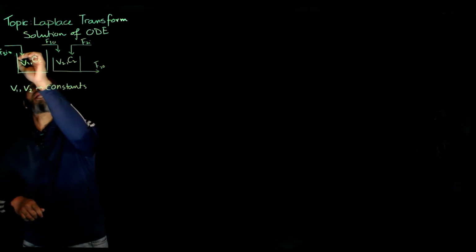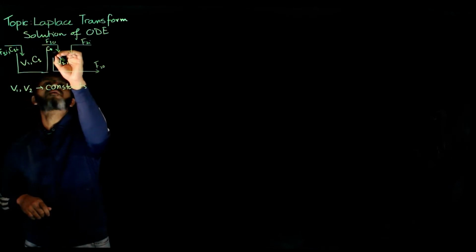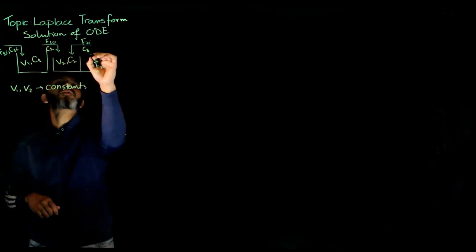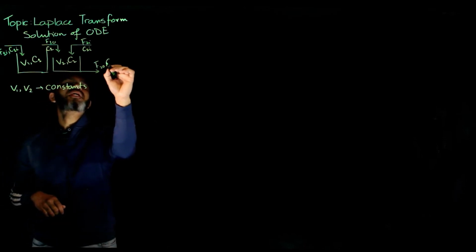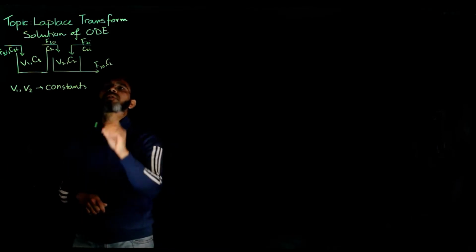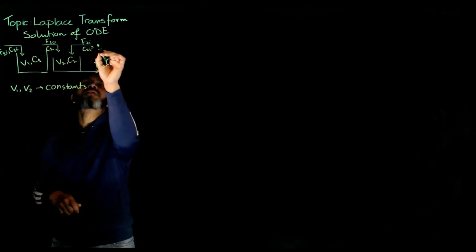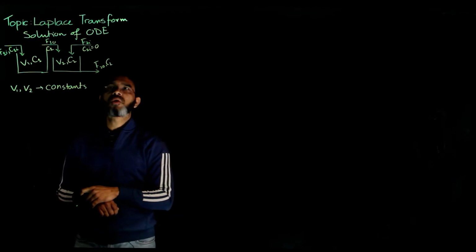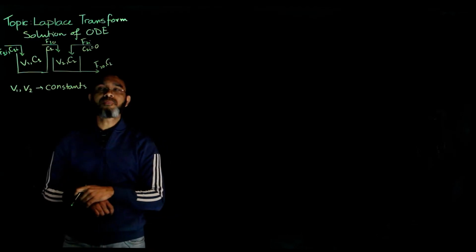The chlorine coming in here was C1I. This was C1. This is C2I. This is C2. Now we took a simplified approach to consider that this C2I is 0, meaning there is no chlorine coming in through the second stream.